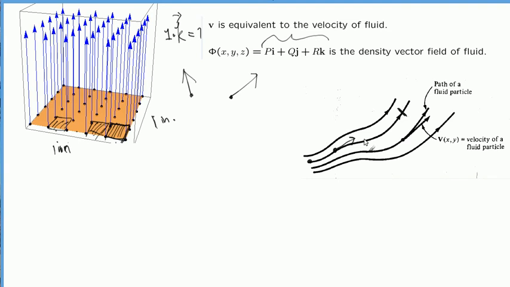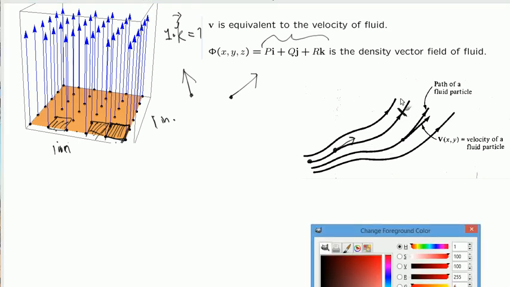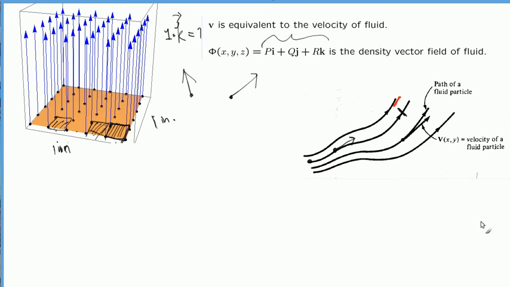Make sense? So let me challenge you with this tricky one. If I put the plate over there like that, what do you think the scalar density is there? How many particles are passing through that plate? 0, right? It's just passing by and never actually crosses that one. That makes sense? Yeah.